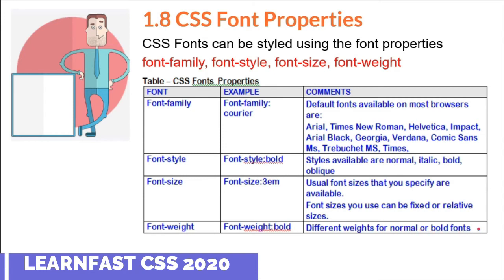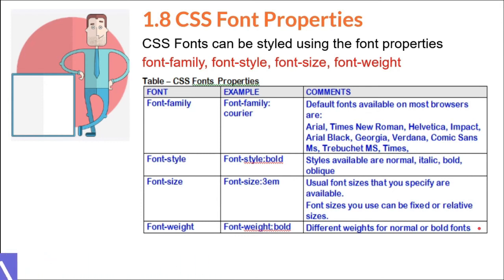Normally, you just have 2 or 3 weights for your font, normal, grey, or bold, but you can have lots more. You can have going from 100 to 800. The darkness or the relative weight of your font can be specified in different amounts.